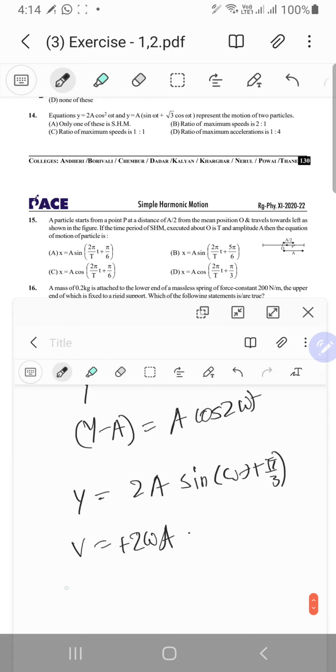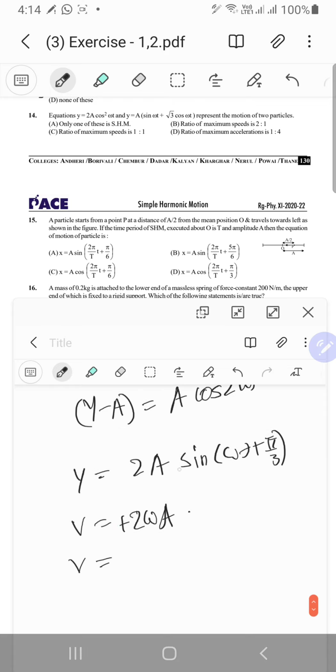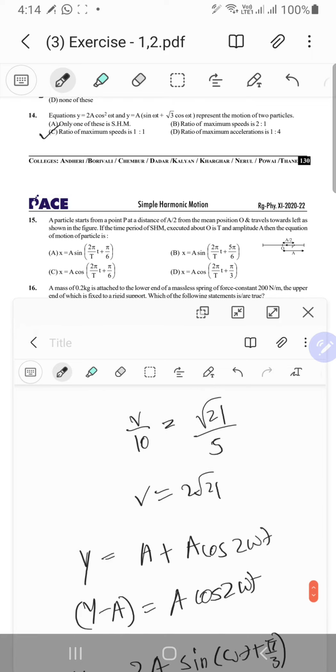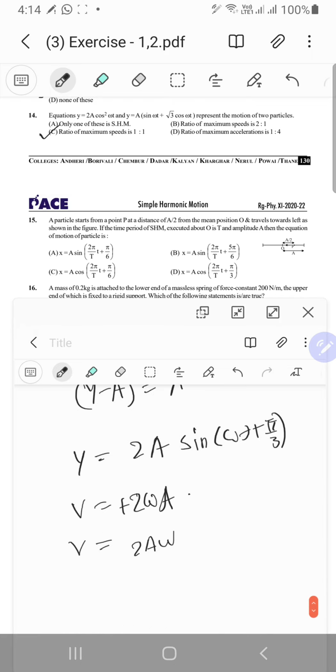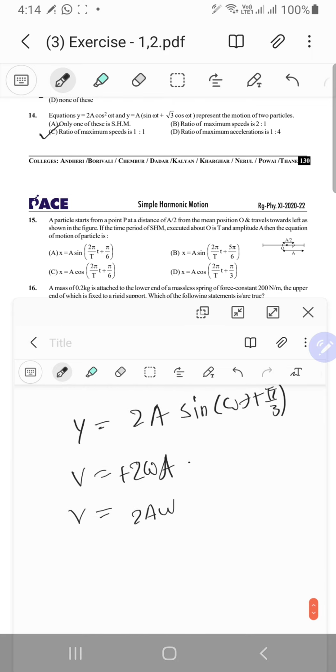From here we get v equal to 2a omega. Once again, everything is the same stuff, so just 2a omega. So yeah, it's 1:1. Weird but true. Okay, looks correct, I guess.